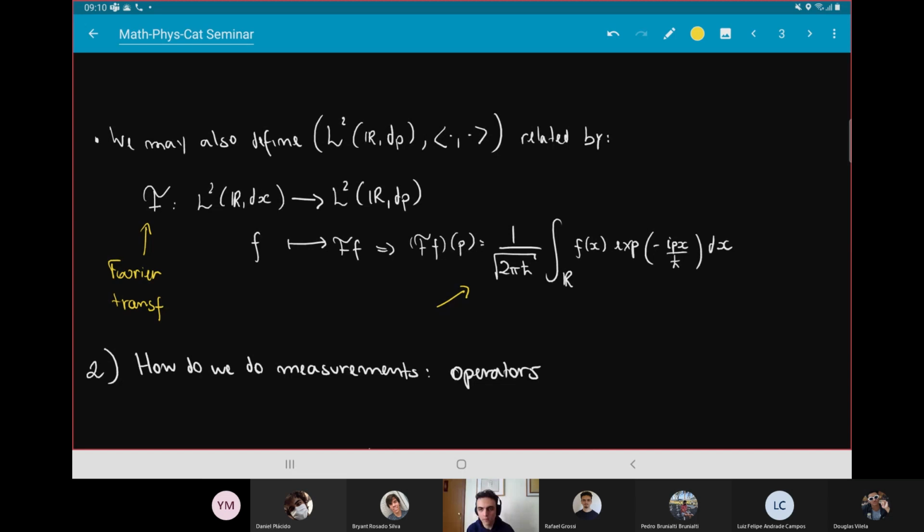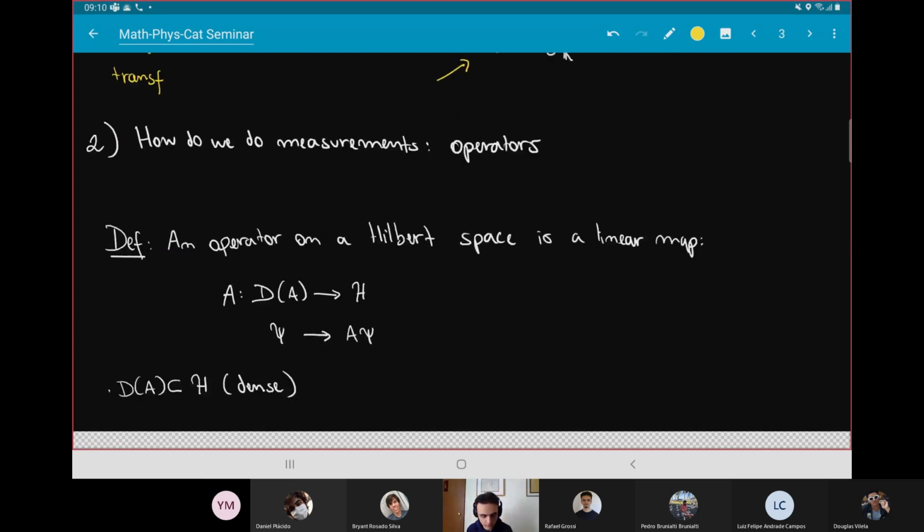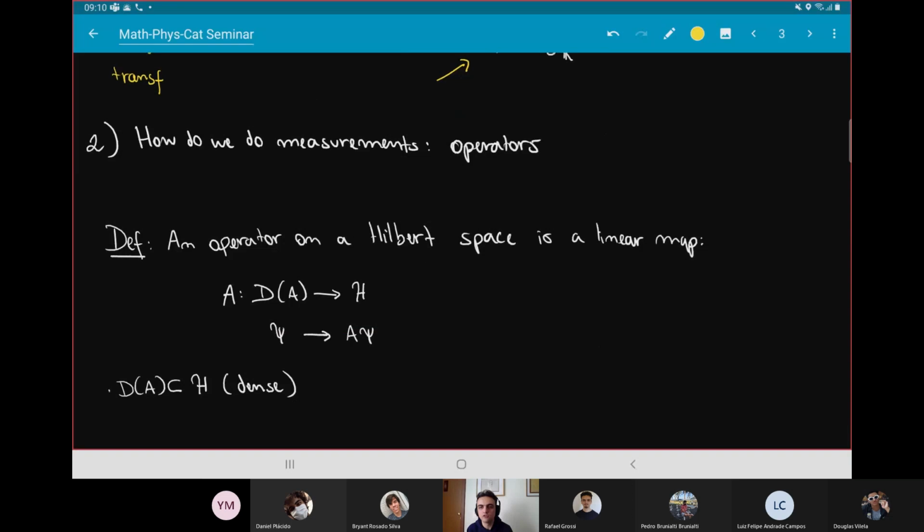All right, so now we've defined where the theory lives. Now we can start to talk about how we actually make measurements in this space, and the way we do so is using operators, the notion of operators that I've stated earlier. Strictly speaking, an operator on a Hilbert space is not just a prescription, as we are usually taught in a quantum mechanics course.